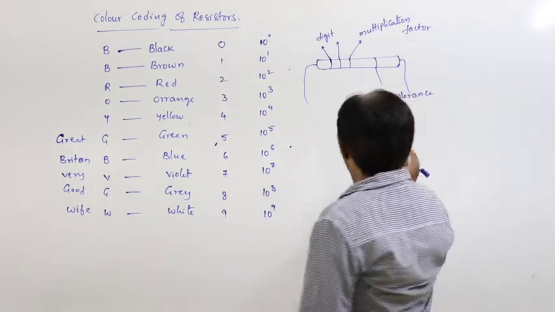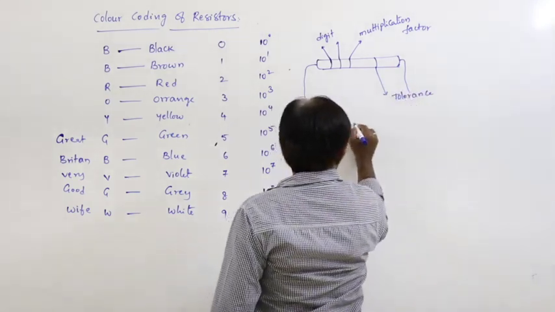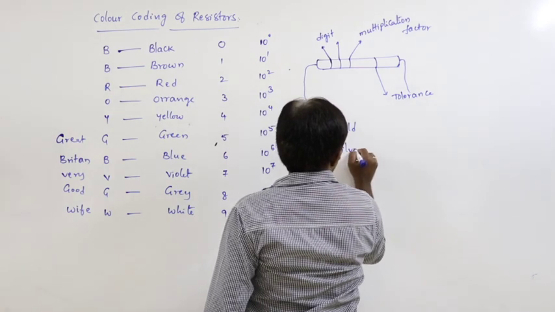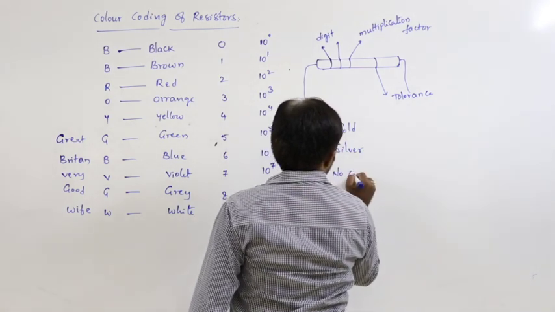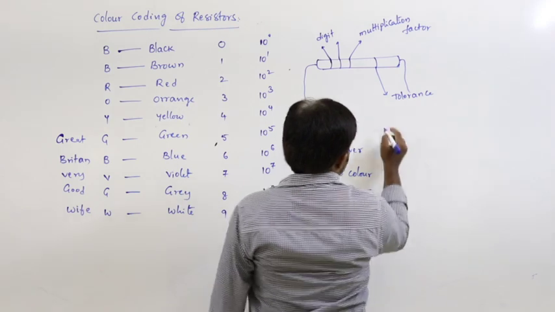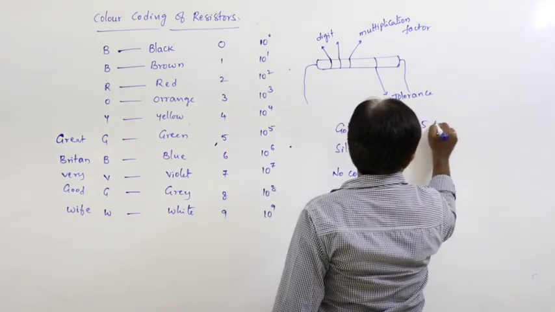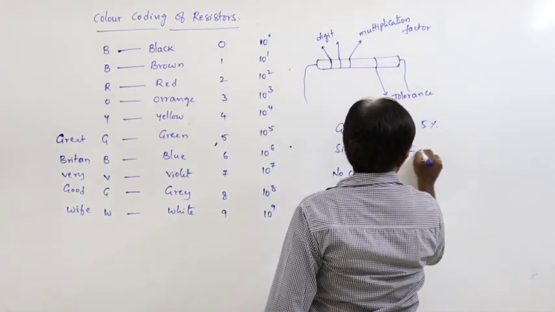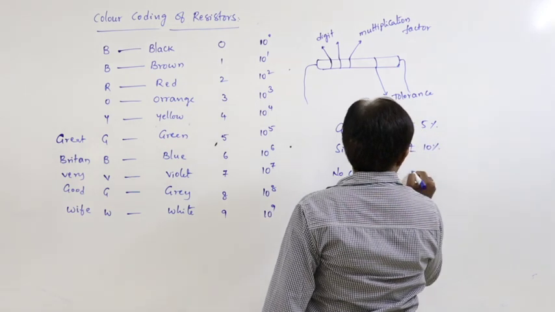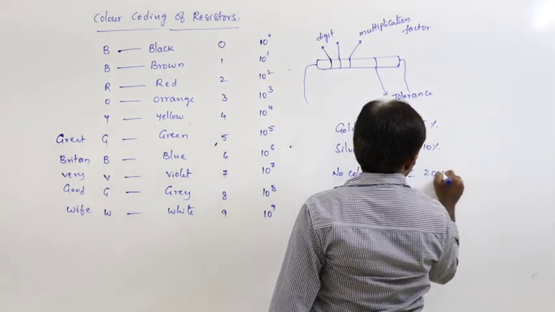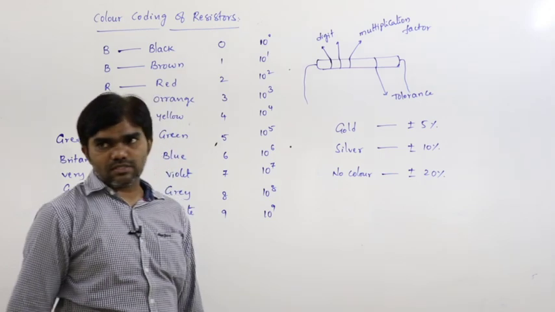Tolerance in the sense only two colors, gold, silver, and no color. Gold tolerance is plus or minus 5%, silver is plus or minus 10%, no color is plus or minus 20%. This is the tolerance.